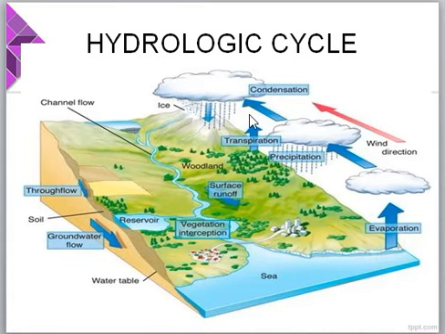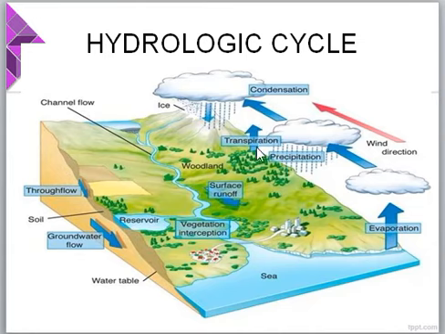It will form clouds in the atmosphere first: from the earth's surface, from the ocean and seas, it will undergo evaporation and then condensation, and it will form cloud through the process of condensation.